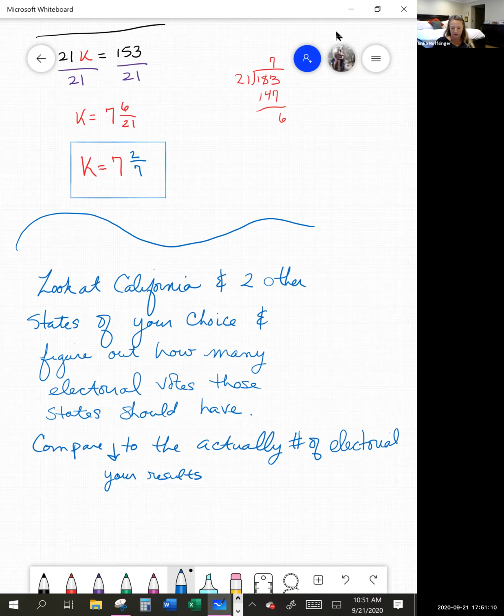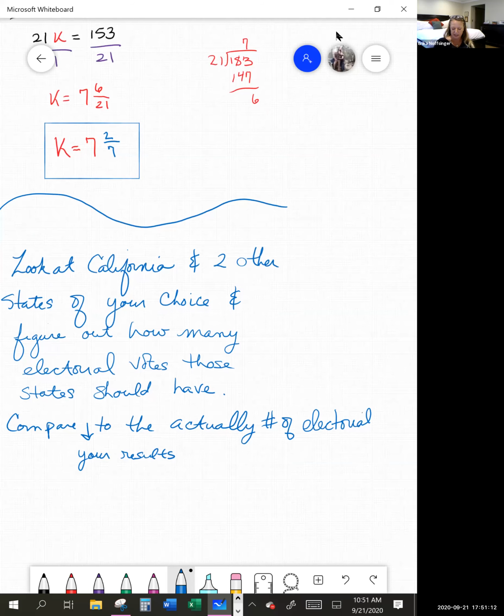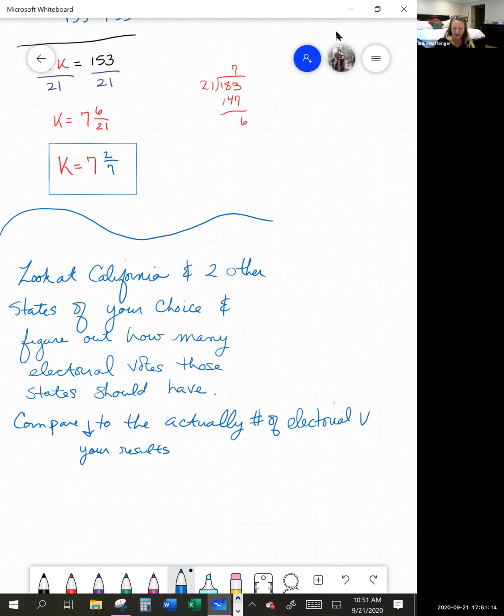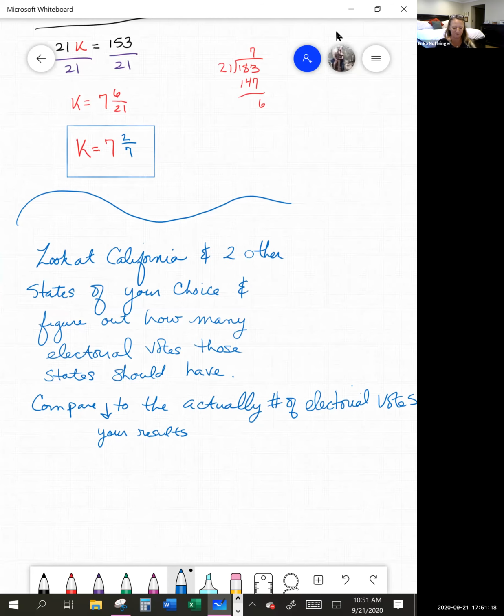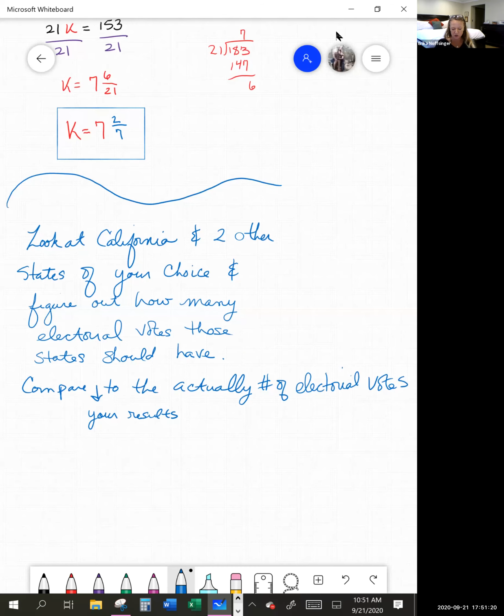And so when you compare, did you get it right? Did you get it wrong? Why do you think you got it right? Or why did you think you got it wrong? Are you off by a lot? Are you off by maybe 1 or 2? So you want to look at that.